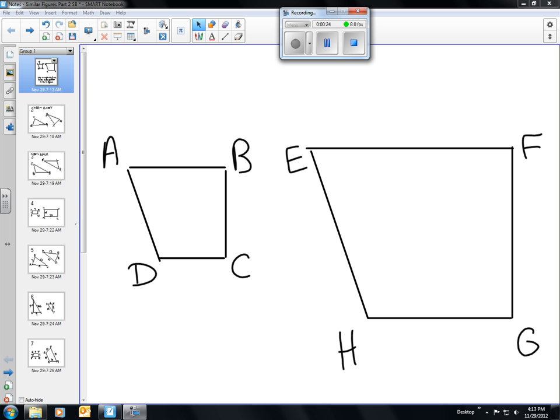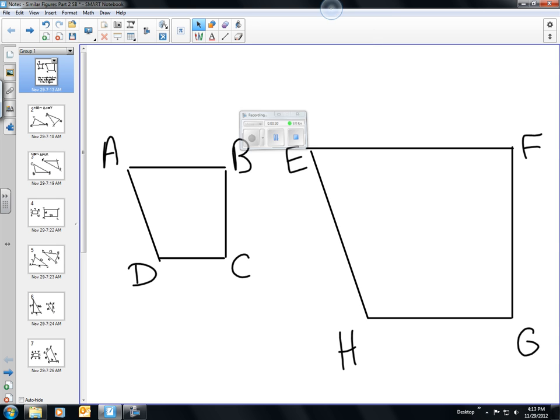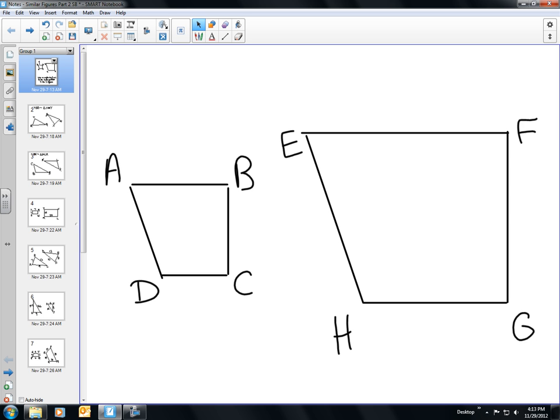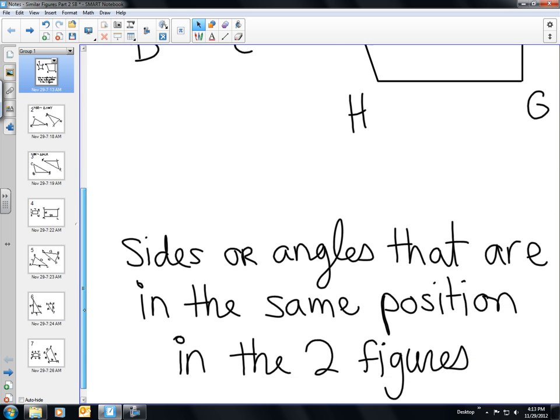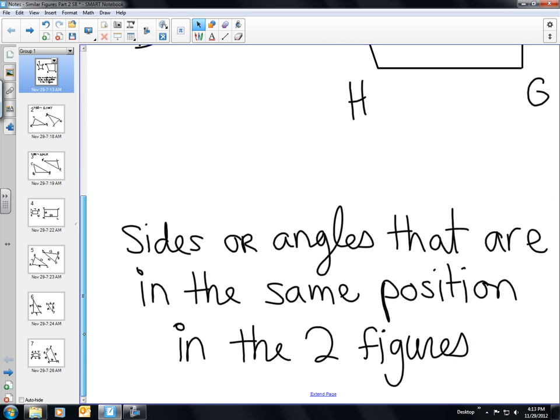So first of all, we have to answer the question of what are corresponding parts of similar figures. Here we're given the fact that these two polygons are similar. So you have this one and this one. These two are similar polygons. Corresponding parts really are just simply the sides or angles that are in the same position in the two figures.